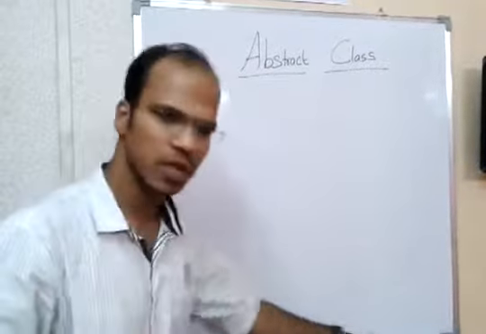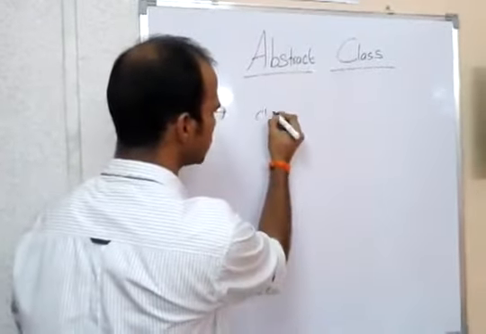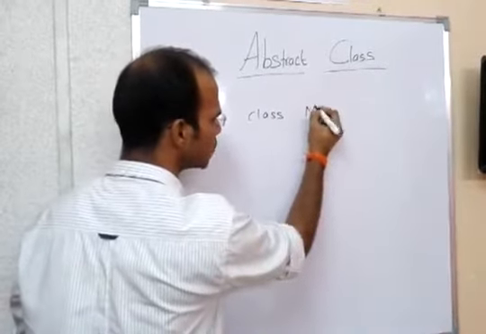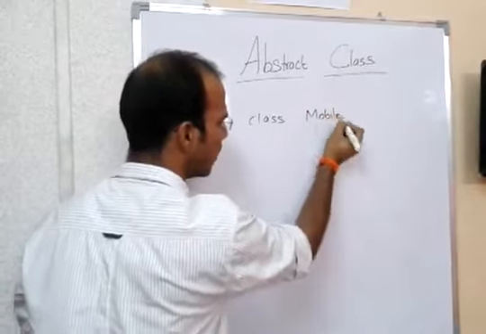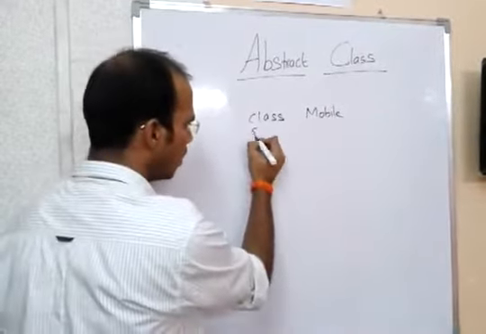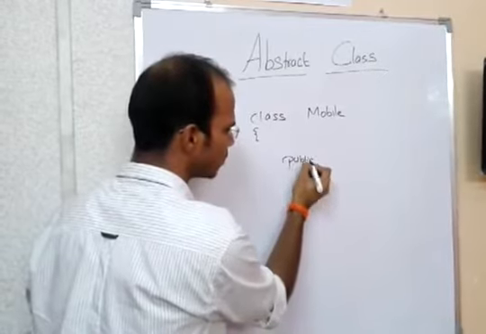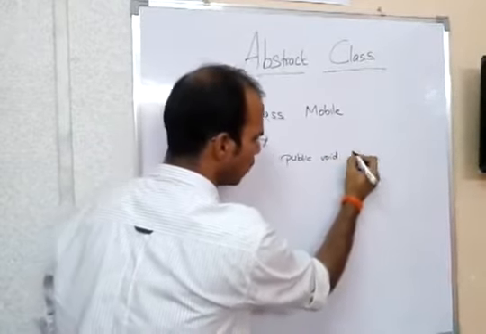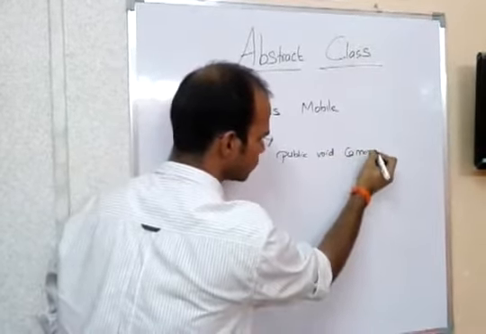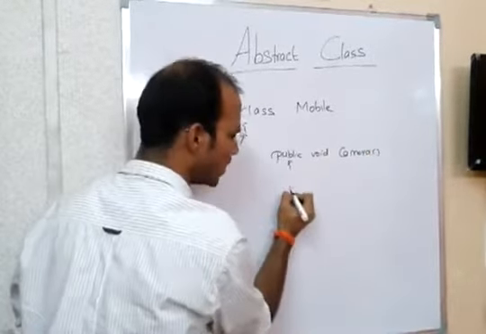It's something like, again, the same class. Let's suppose we are creating a mobile phone, so a class like Mobile. Now here, you define some methods like public void camera, so you have to define it.